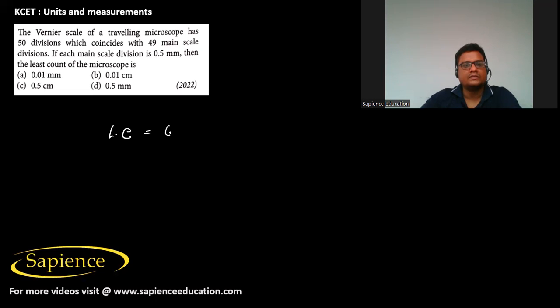One main scale division minus one vernier scale division. 50 divisions, okay.